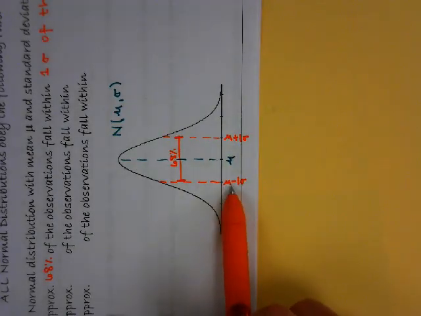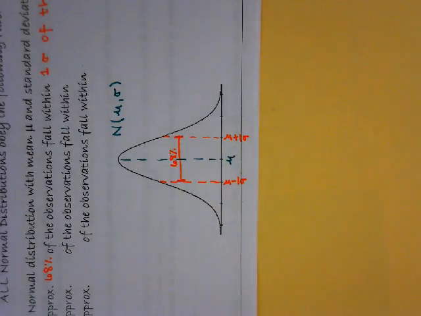In years past, I didn't put the one there, and it kind of confused kids, so I just put the one. But no, you don't need the one. Ones can be invisible in math. So we're just subtracting one standard deviation. That's what we did there, yes.